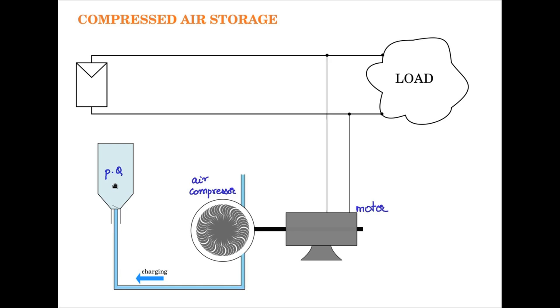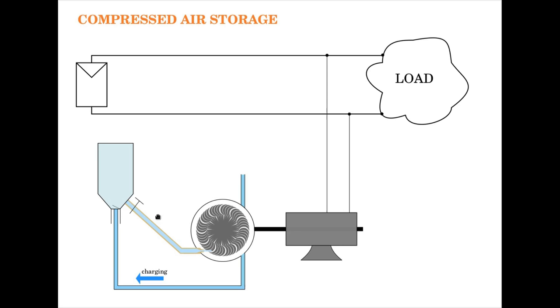In order to discharge the stored energy into the load, we need to have an outlet, an electronically controlled valve here, and the discharge rate of the exit is controlled by a nozzle, and an air turbine is used to convert the energy in the compressed air to mechanical energy, and the mechanical energy to electrical energy through this machine, which now acts as a generator.